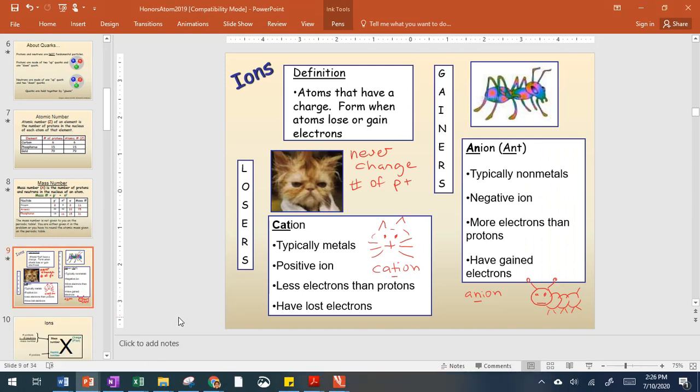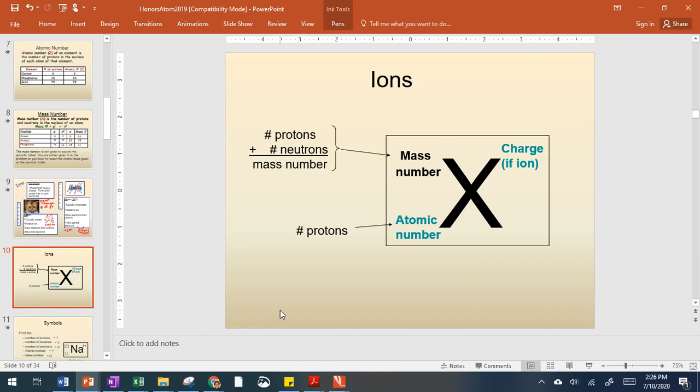Okay, so I want to go over now how to figure out the number of protons, neutrons, and electrons for ions. So we have here the symbol for an ion. So if we look at it, the mass number, A, is typically written as a superscript on the left-hand side, and Z is typically written as a subscript on the left-hand side.